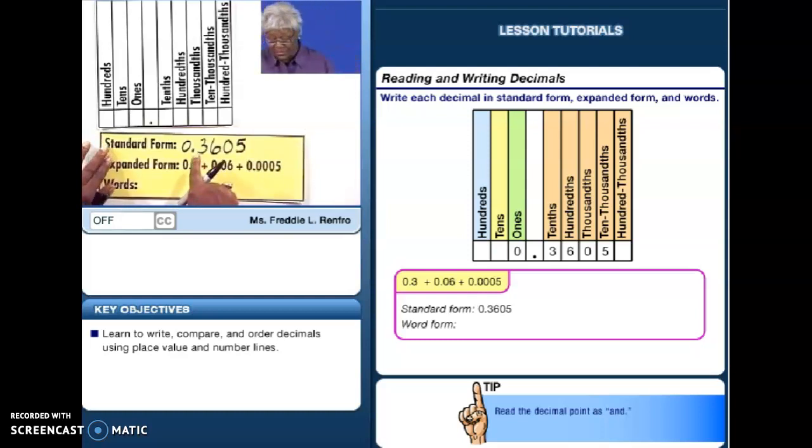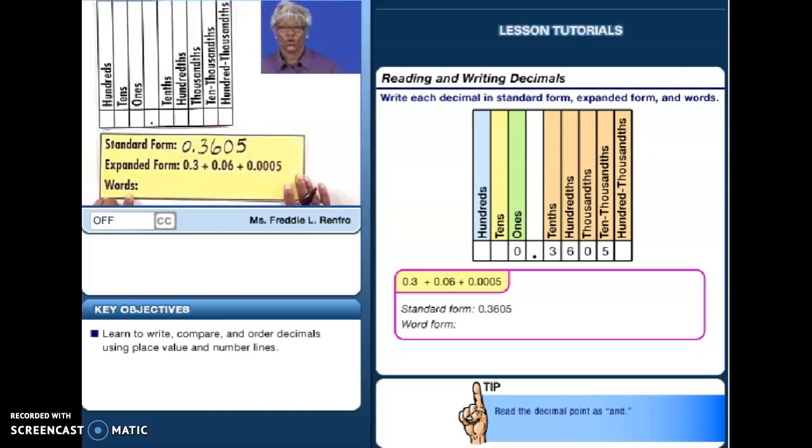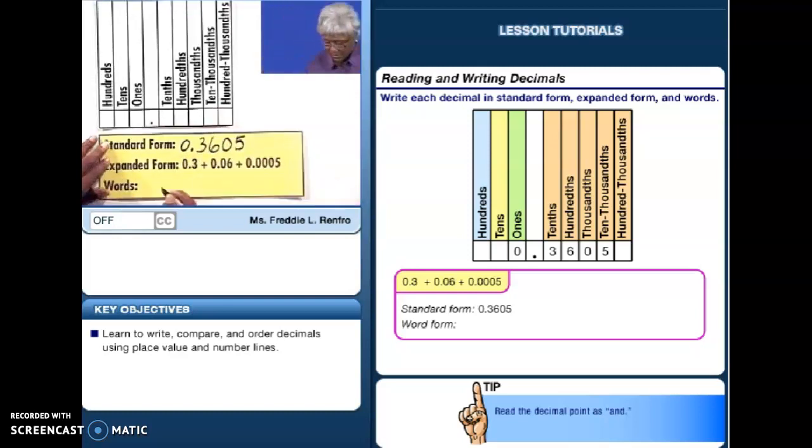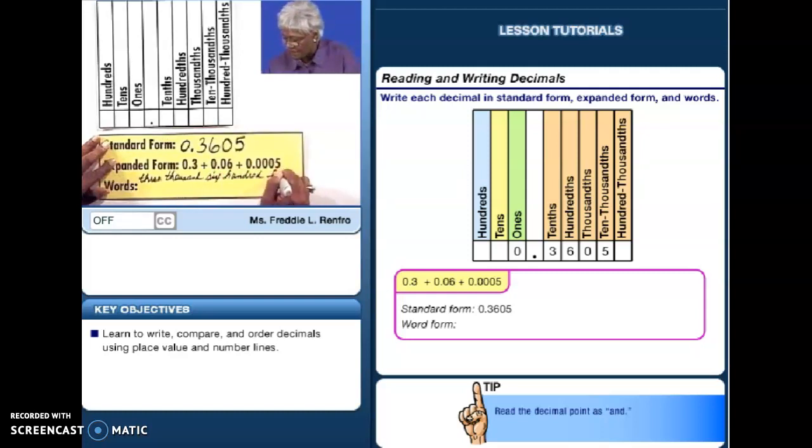So the standard form would be 0 and 3,605 10,000ths. In words, it's 3,605.